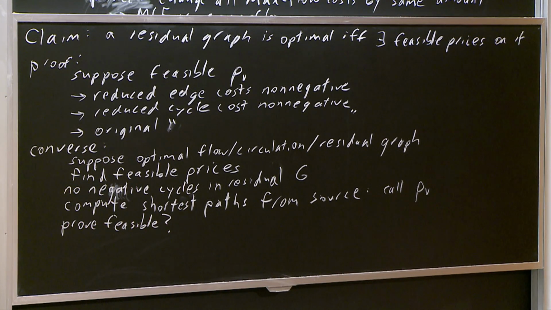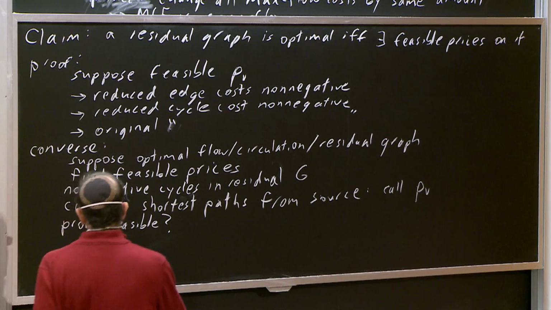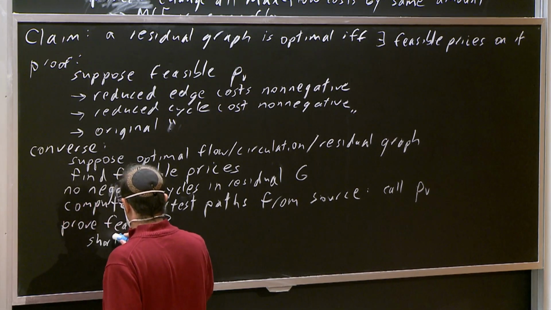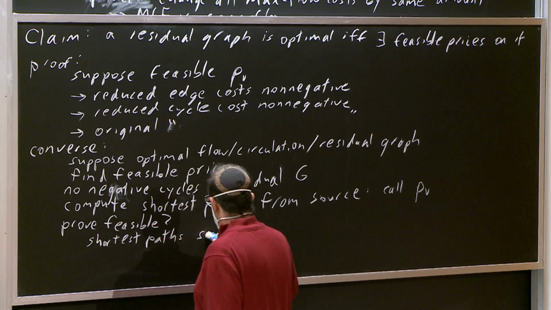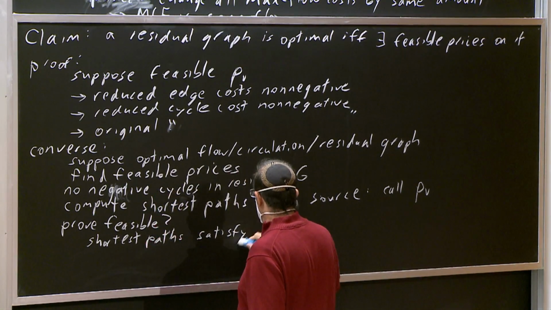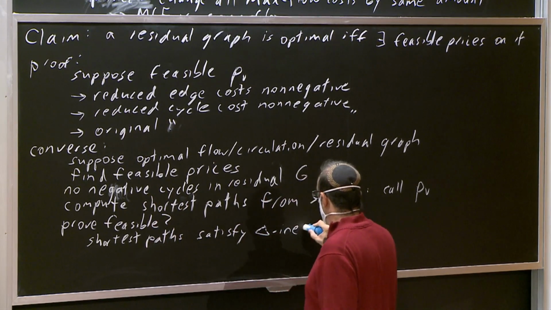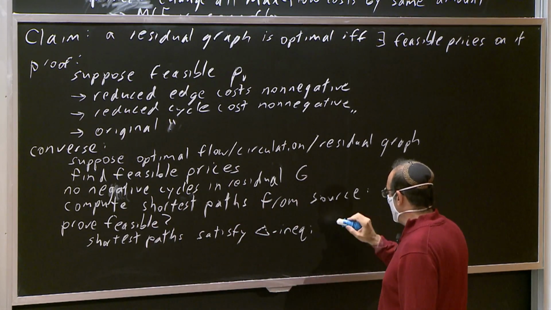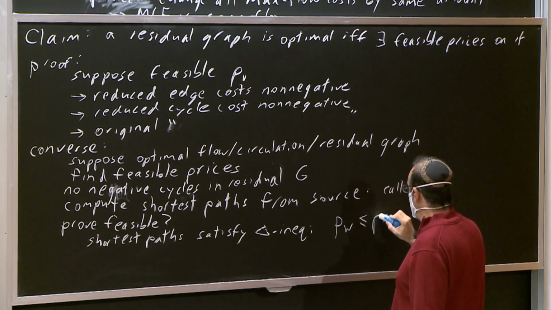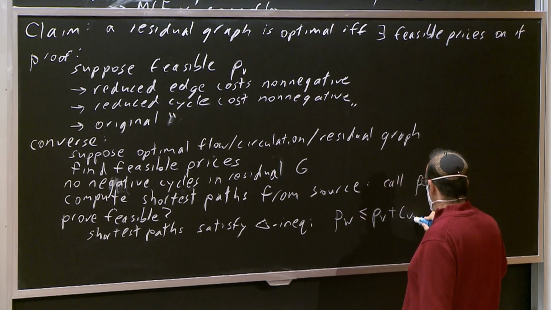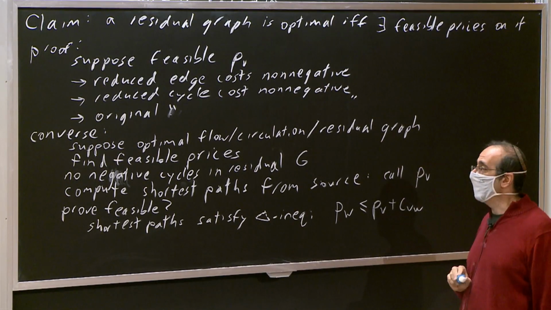Triangle inequality, right? The definition of shortest paths is that they satisfy triangle inequality, which says precisely that the price at W is at most the price at V plus the cost of edge VW.